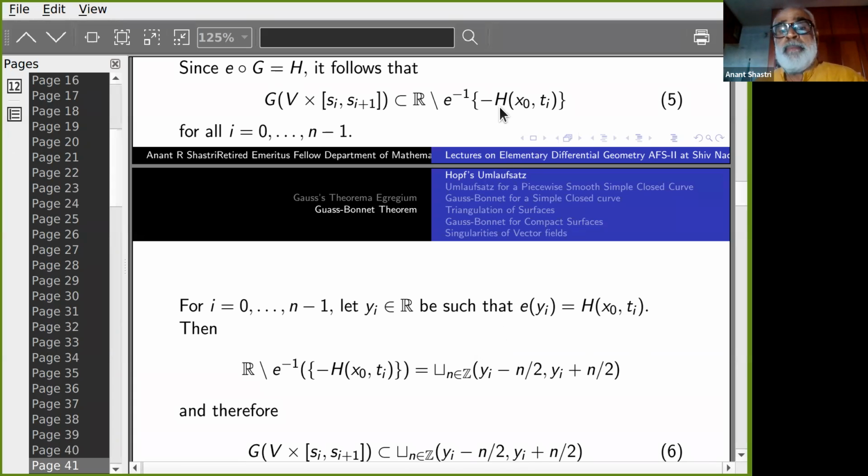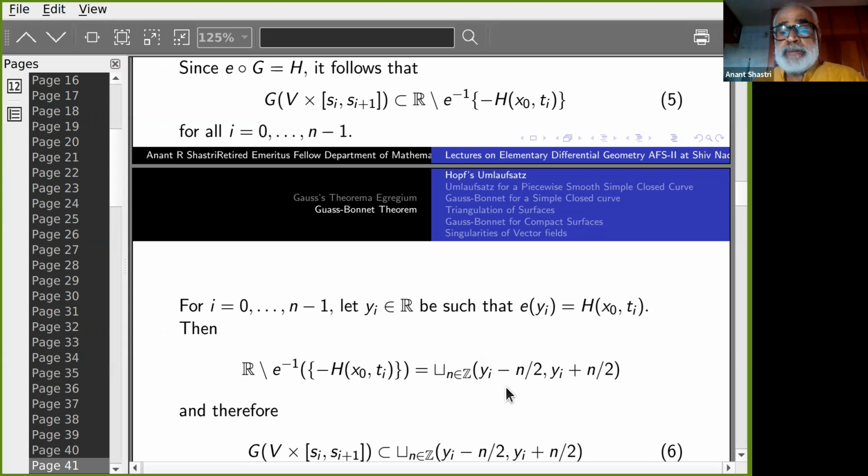The rest of them are got by shifting, y_i plus n, y_i plus 2n. So these are the intervals now. The antipodal point I have thrown away, so I take only the open interval from y_i minus n/2 to y_i plus n/2.